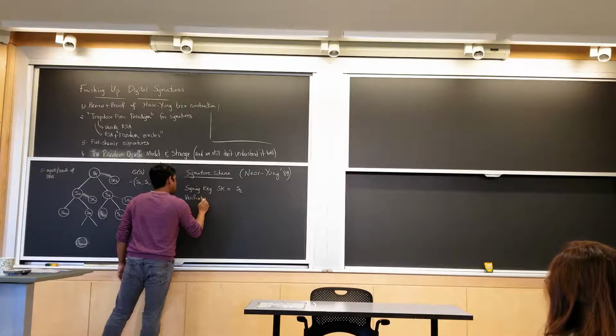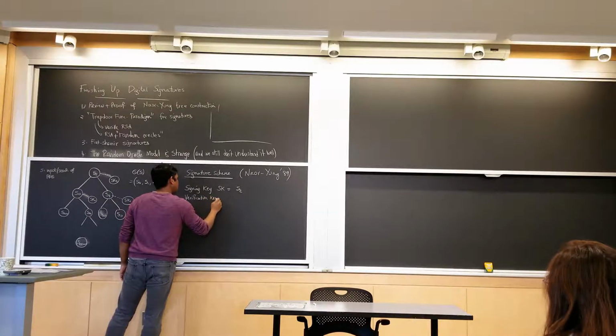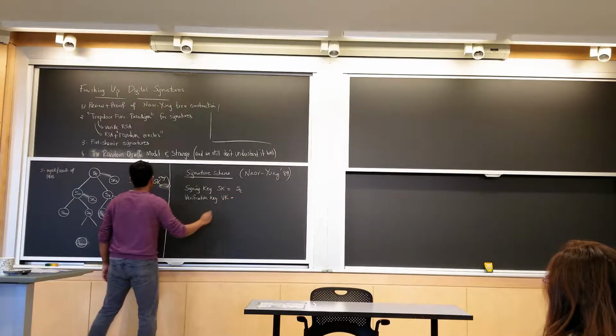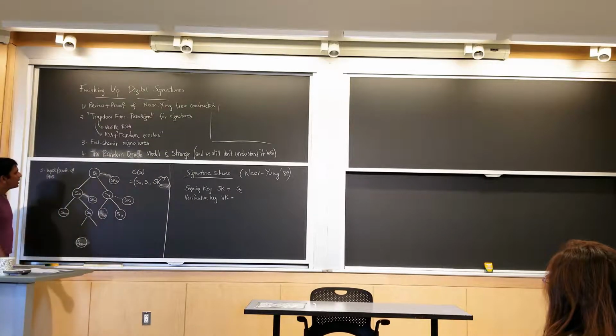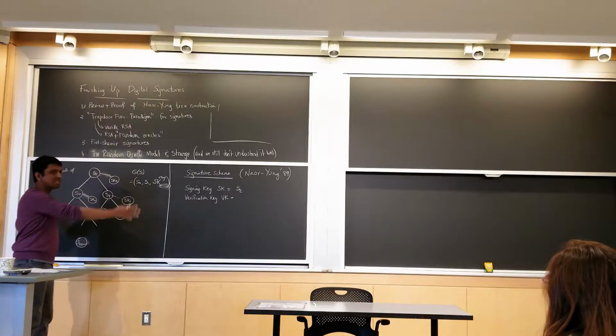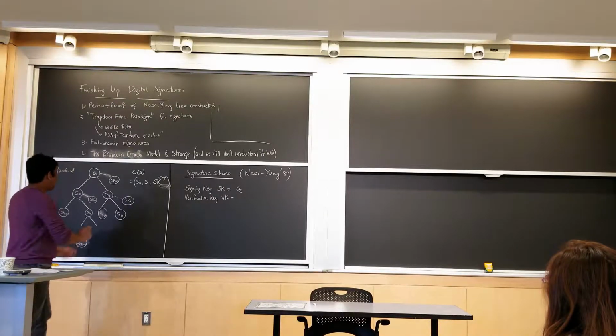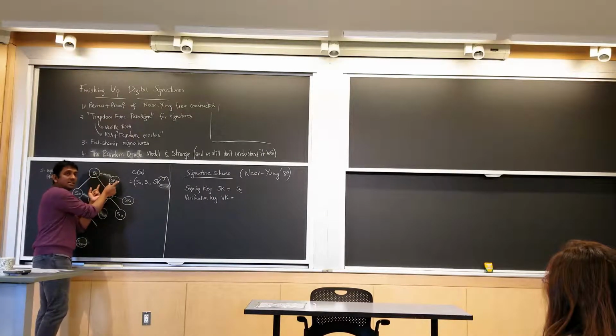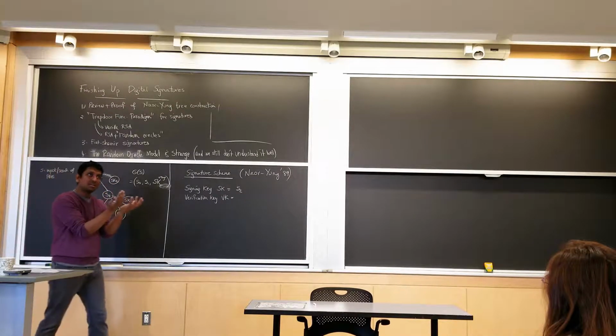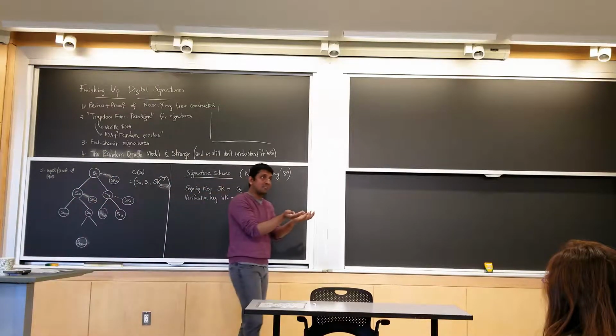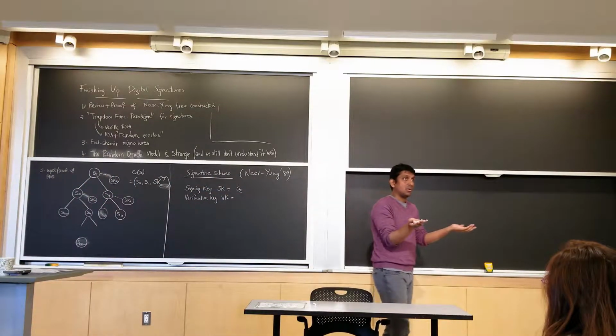The verification key: well, all these things are secret, right? I'm never going to publish a single node in the tree. What I am going to publish is this: when I'm generating secret key epsilon, I generate it together, and from that I can generate the verification key for epsilon.